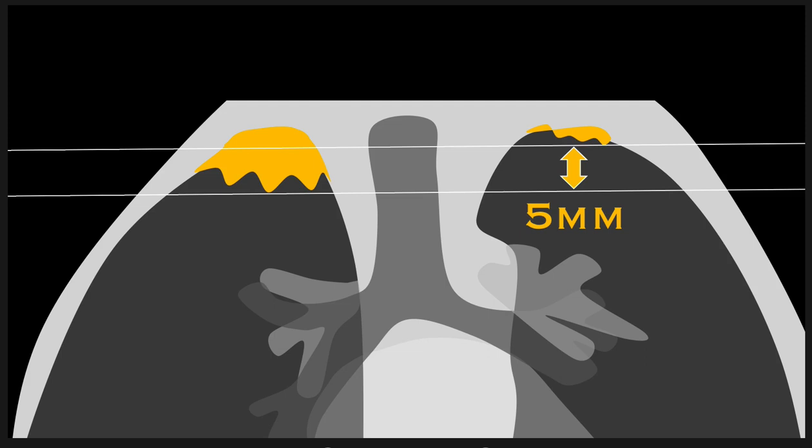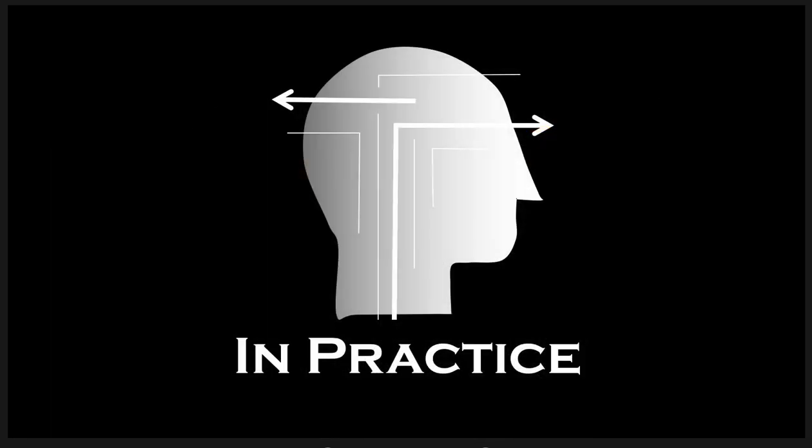So I'll just say that without breaking out the ruler, if it looks asymmetric to you and it's bothering you, get a CT scan. It's worth the peace of mind to make sure you just rule out the cancer.